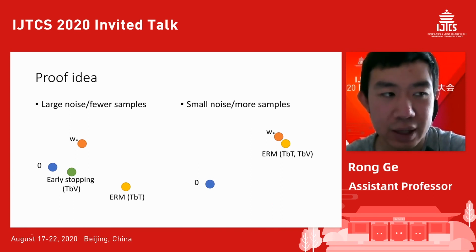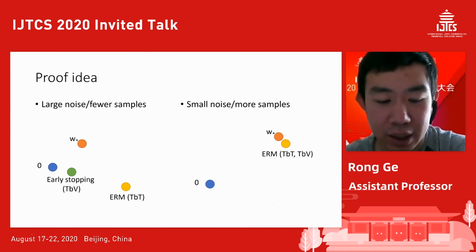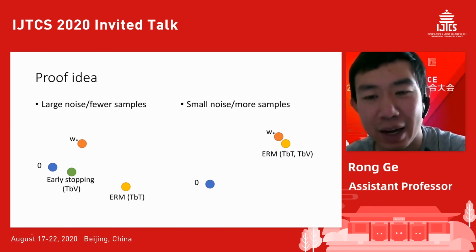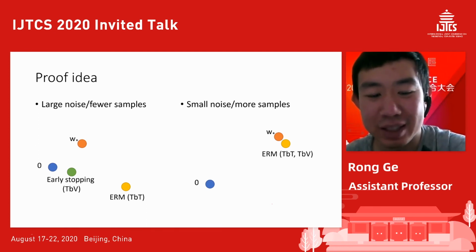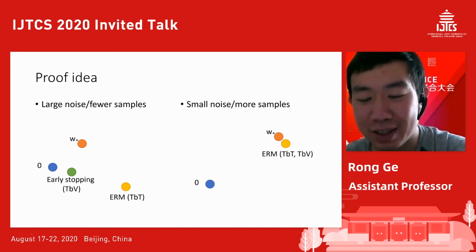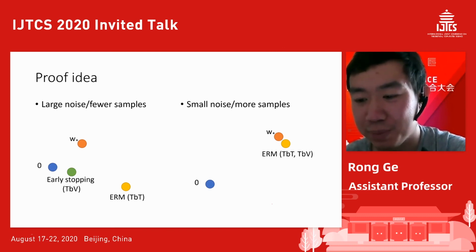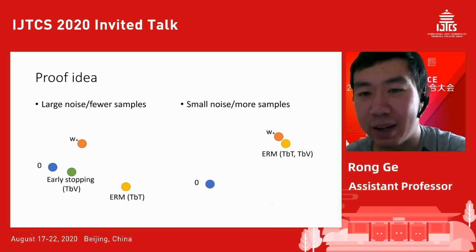So you can think, if the noise is zero, the empirical risk minimizer is going to be exactly equal to W star. No, that's actually not exactly true. In this case, the number of samples is smaller than the number of dimensions, so there are multiple empirical risk minimizers, and they form a subspace. The one that you would find is the one that's in the span of the data.